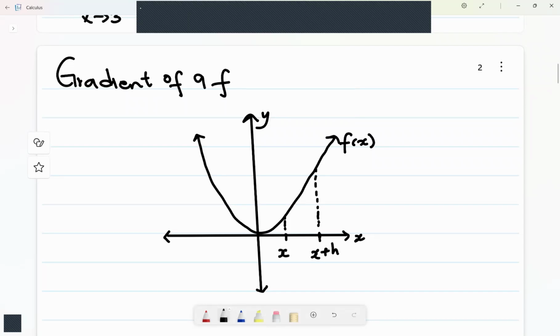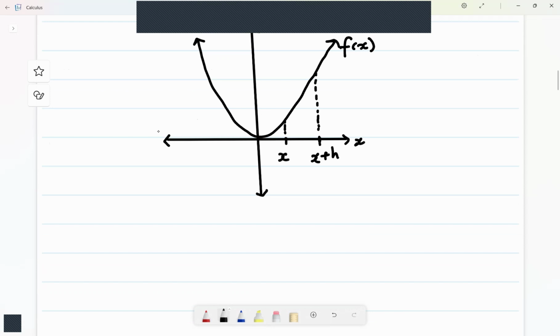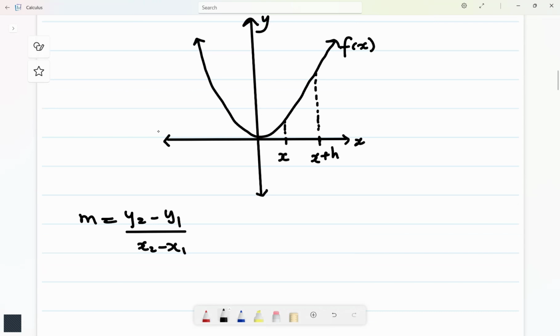This is where interesting stuff starts. Now, how do I find the gradient? Remember, for a gradient, I say m is equal to y2 minus y1 divided by x2 minus x1, right?